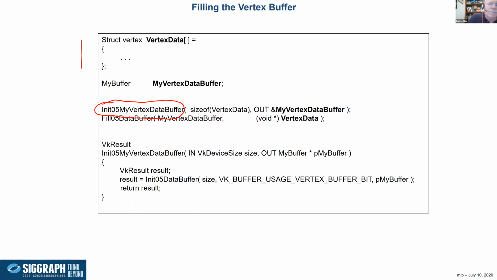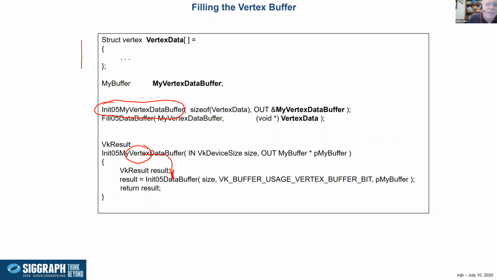Vertex buffers are actually just a special case of data buffers. And data buffers were meant in Vulkan to hold anything. The use of the bytes that are in there depends on how you're using it, what functions you point at that buffer. So there is an init vertex data buffer function in the code, but then there's also an initialize data buffer, and the vertex one just turns right around and calls it.